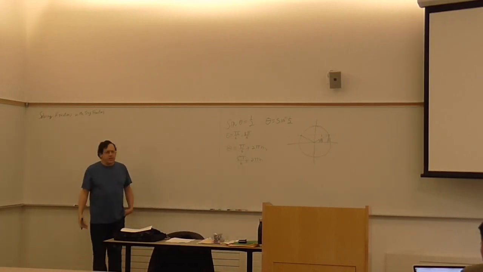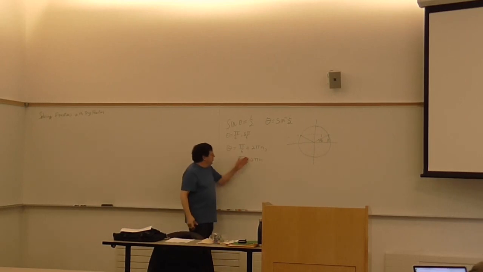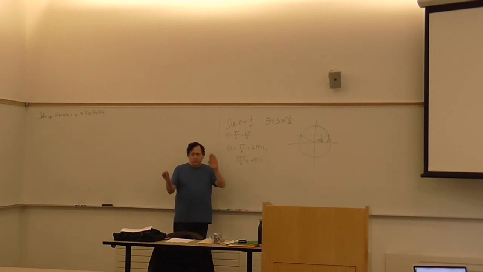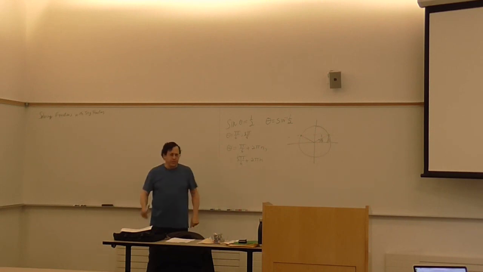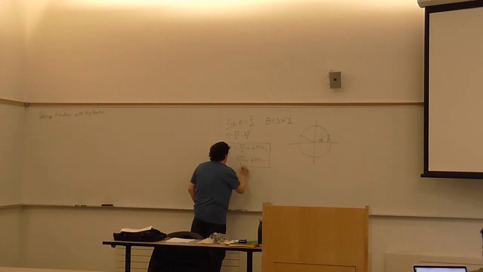That's a very typical thing that will occur. You'll get 2 solutions plus all the sums where you add 2 pi n. Occasionally those will match and you can coalesce them. But, so that's what the solution to this simple problem looks like.